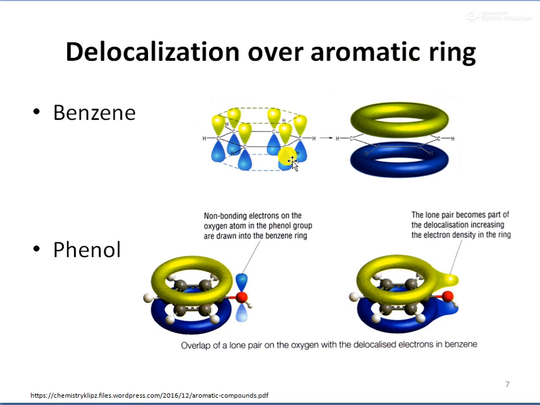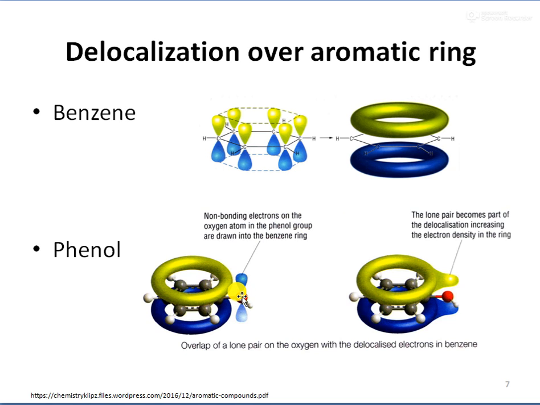The first structure is benzene. In benzene, there are only carbon atoms and hydrogen. So all the unhybridized p orbitals overlap laterally and the electrons delocalize, forming a ring or a cloud of electrons above and below the ring plane. And suppose an OH group is substituted in the place of a hydrogen, like in this structure, you can see an oxygen atom and a hydrogen atom of the OH group.